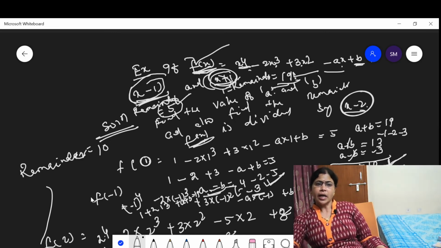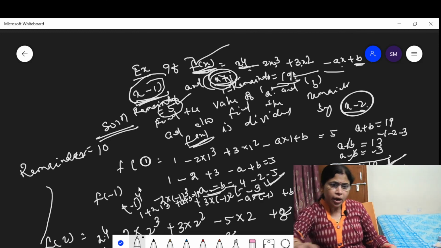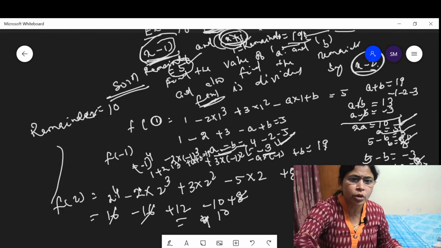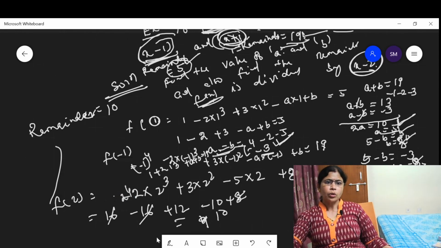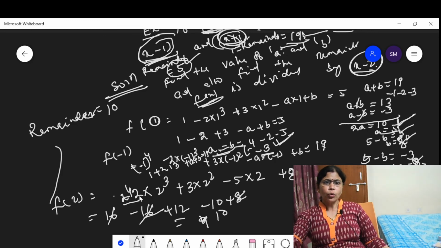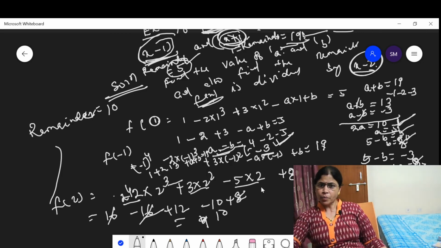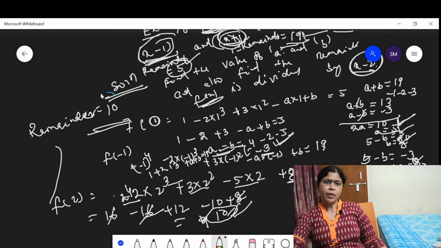Here f of 2 is 2 to the fourth minus 2 into 2 cube plus 3 into 2 square minus 5 into 2, because we get the value of a is 5 and b is 8. Then by solving this we get the remainder is 10. Then this is the answer of the given question. What is the answer? The remainder is 10.